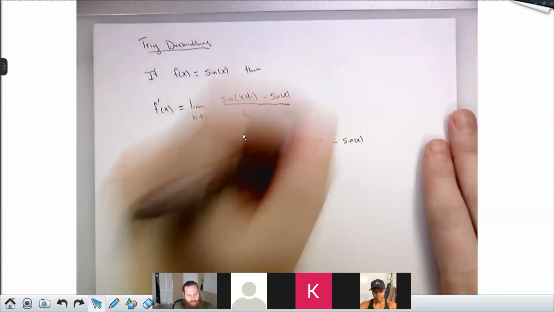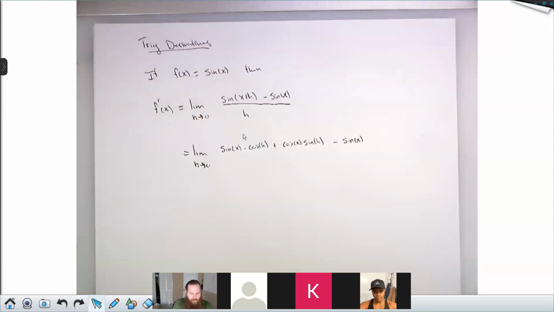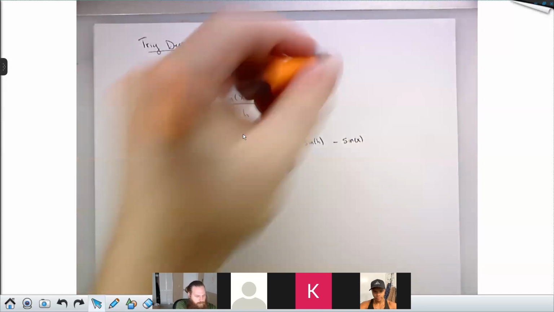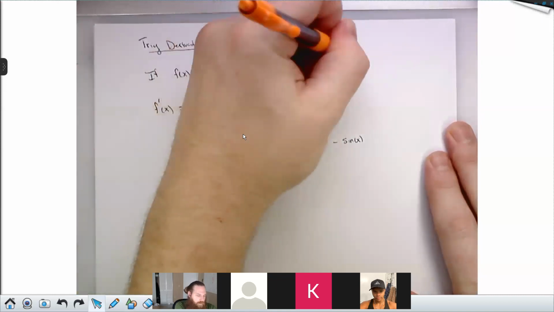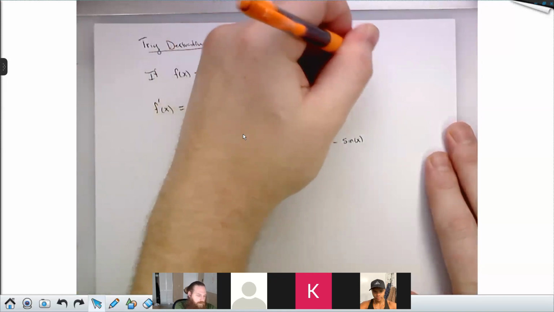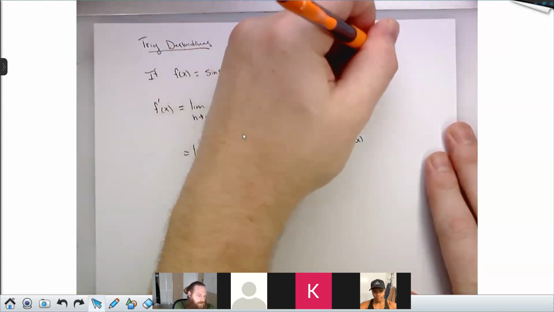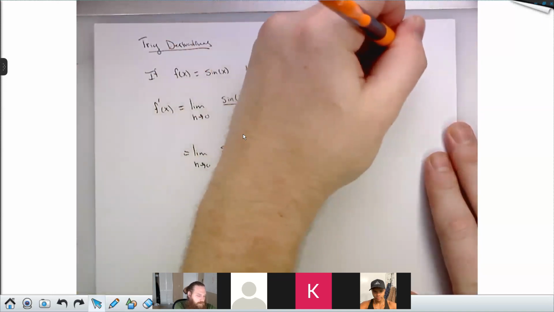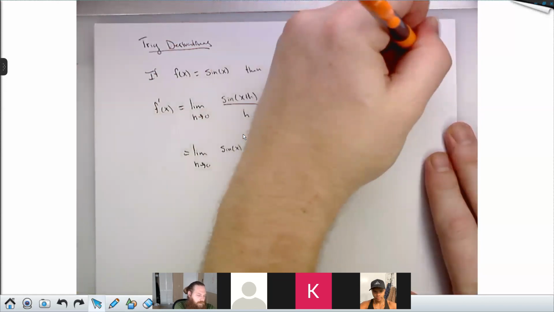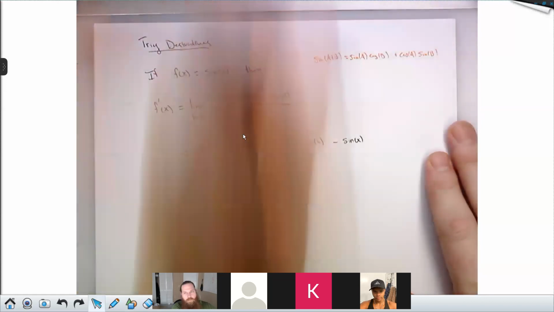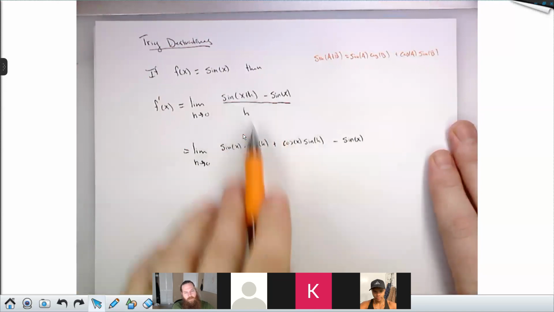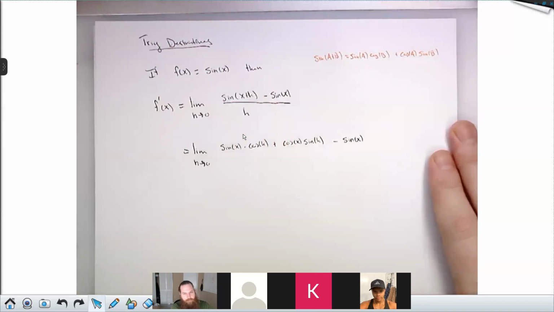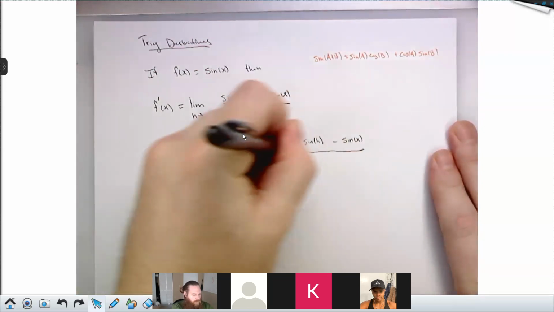So the formula I'm using is the sine of a plus b formula. This is sine a cos b plus cos a sine b. And I'm just using x as a and h as b. All of this is still being divided by h.